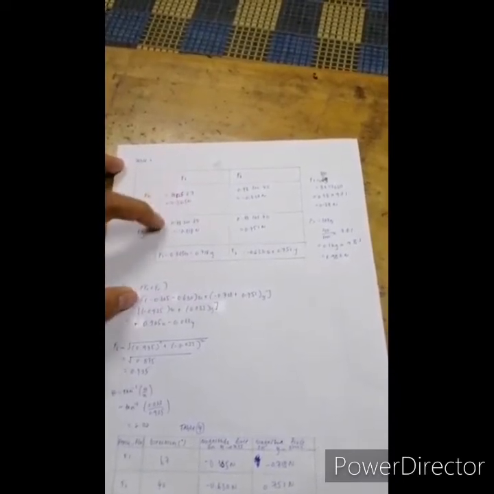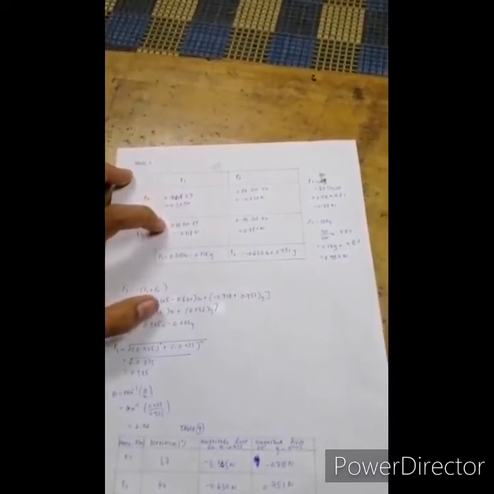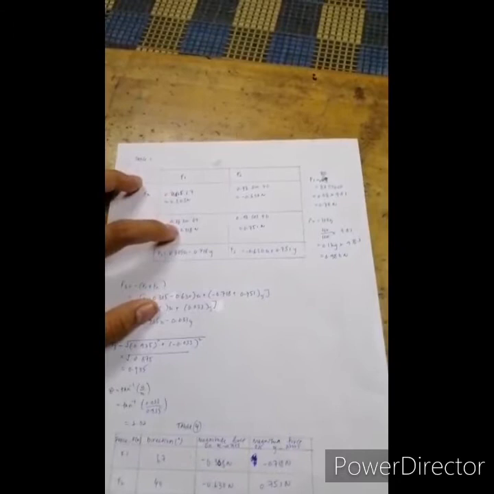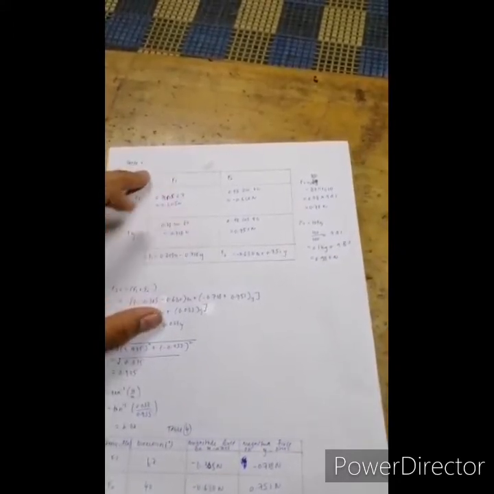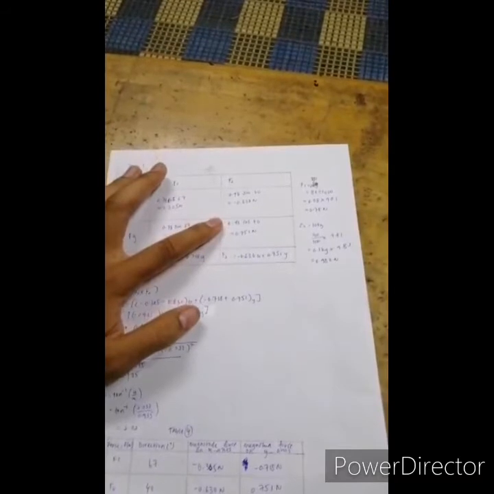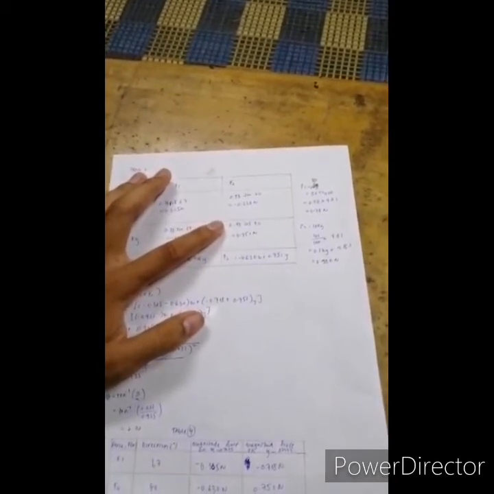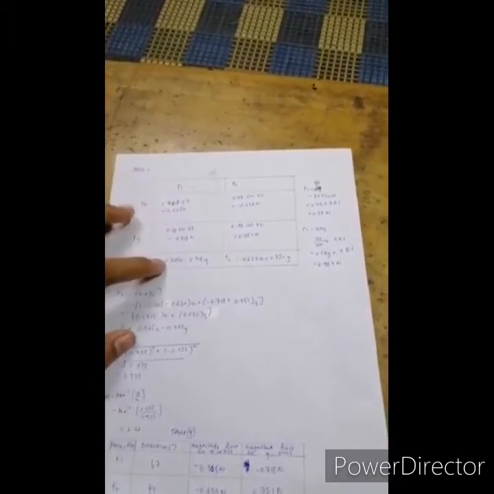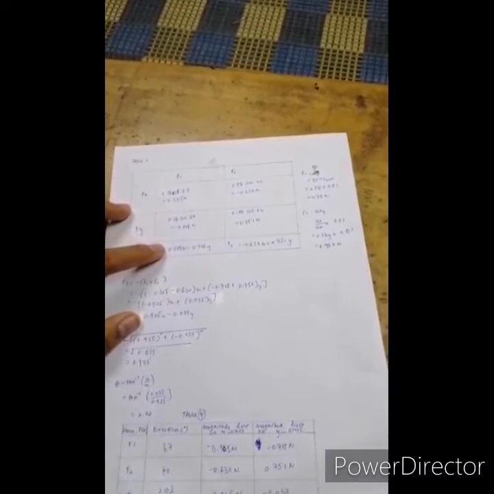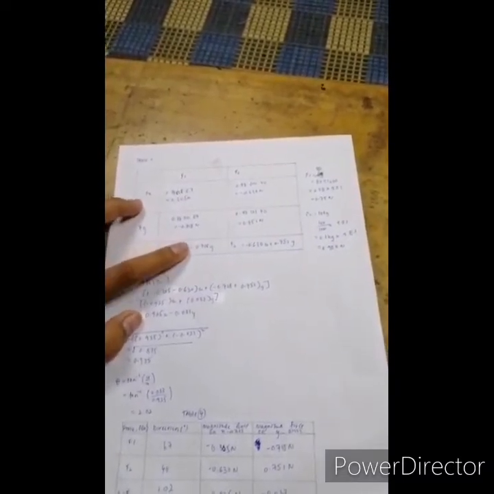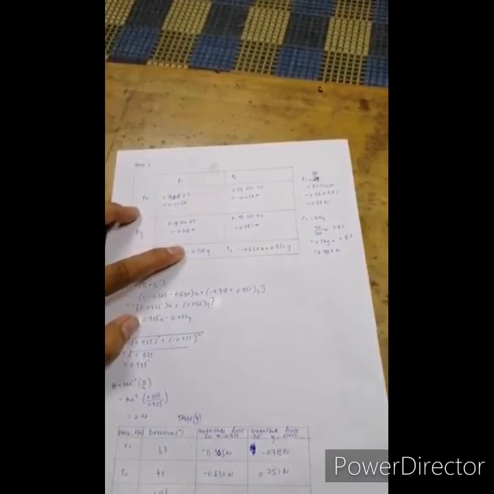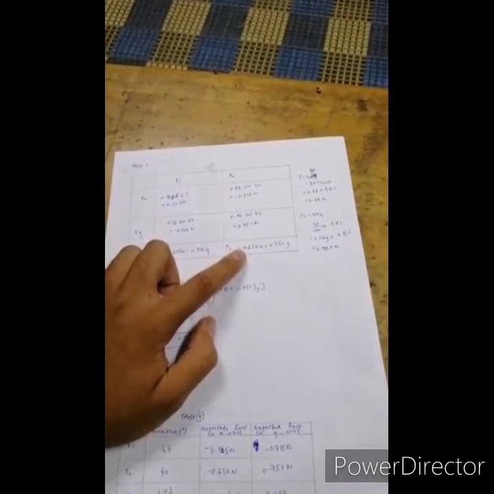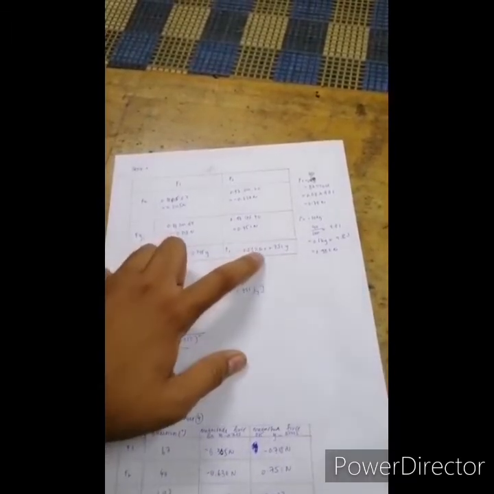F1y is 0.78 sin 1667, which is negative 0.718 Newton. F2y is 0.98 cos 14, which is 0.751 Newton. F1 is negative 0.305 x minus 0.718 y. F2 is negative 0.630 x plus 0.751 y.